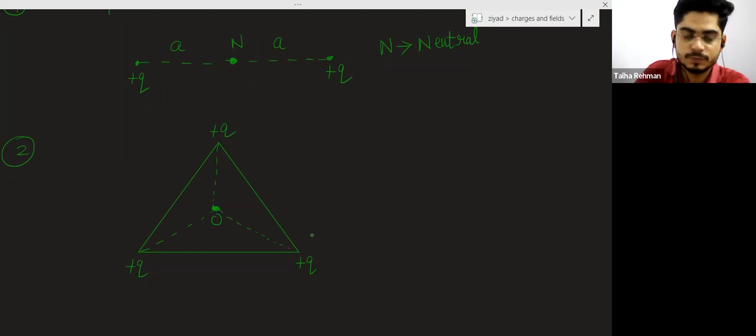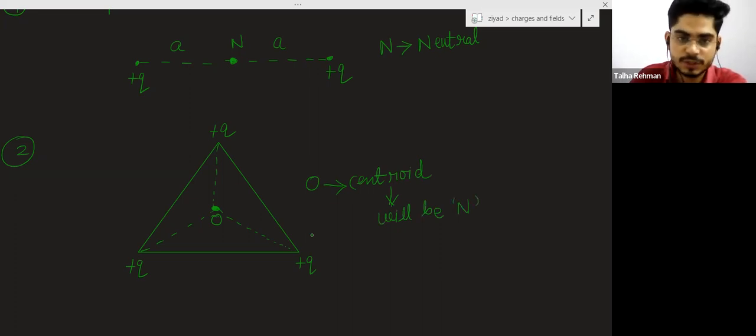O. So this centroid O will be the neutral point. This O is the centroid, and this centroid will be the N. N means neutral point. So this is also a symmetrical system, if this is an equilateral triangle.